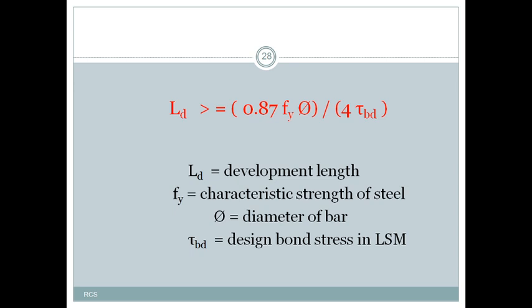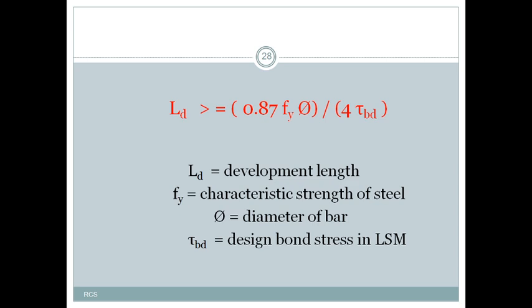And Ld is the development length. The development length, you know, is the minimum length of the bar which will be embedded into the concrete so that it can resist the tensile force, or whatever force is acting on the bar, which is making the bar come out. To resist the bar from coming out, some stress will be developed.